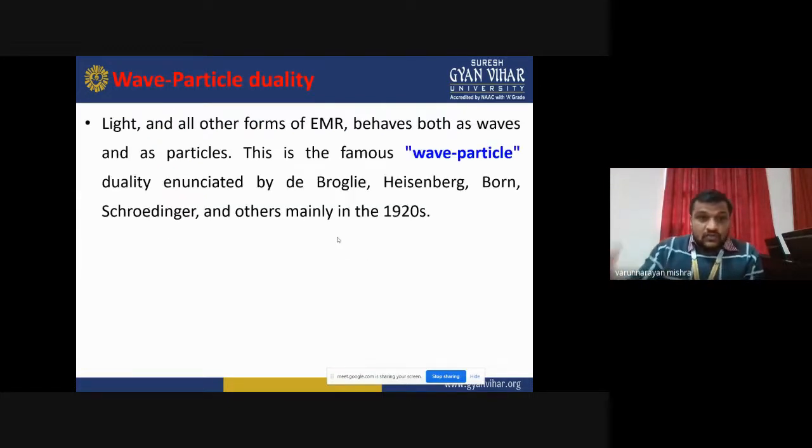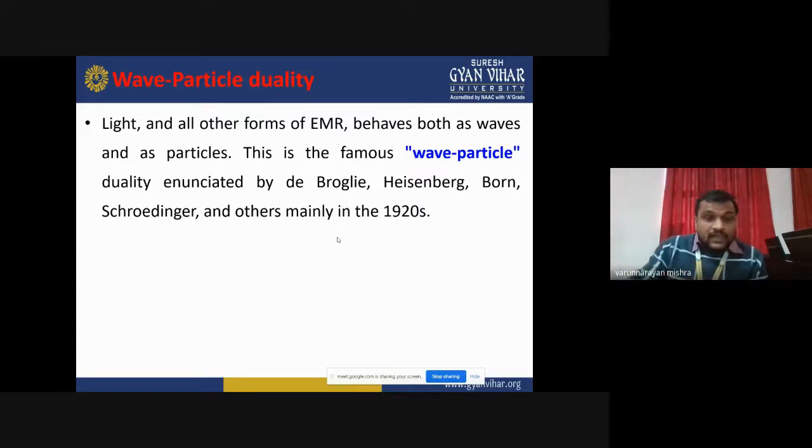This produces a theory known as wave-particle duality: light and other forms of electromagnetic radiation behave as a wave as well as a particle. It was enriched by different scientists, de Broglie, Heisenberg, Schrodinger, who made different experiments to study the wave-particle duality of light.